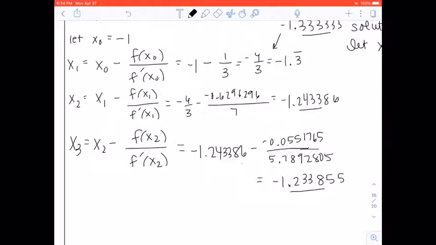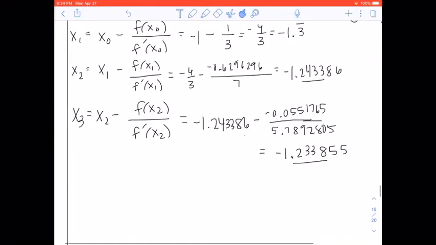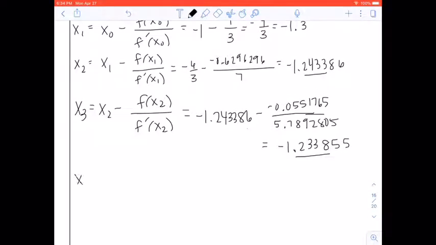they're not exactly equal. So we keep continuing this process until they're actually the same. So we're on to x sub 4, which is going to be x sub 3 minus f of x sub 3 all over f prime of x sub 3. And again, pause the video and try plugging these in on your own.